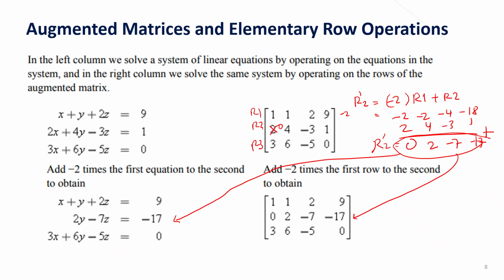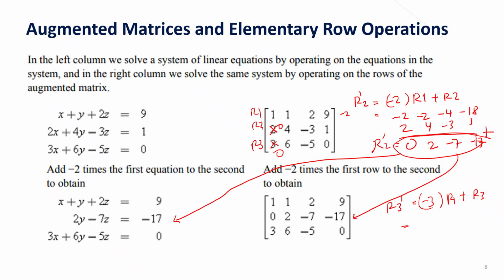Next task is to make this one become 0. How do you do that? You can do new row 3 equals minus 3 multiplied by row 1 plus the original row 3.